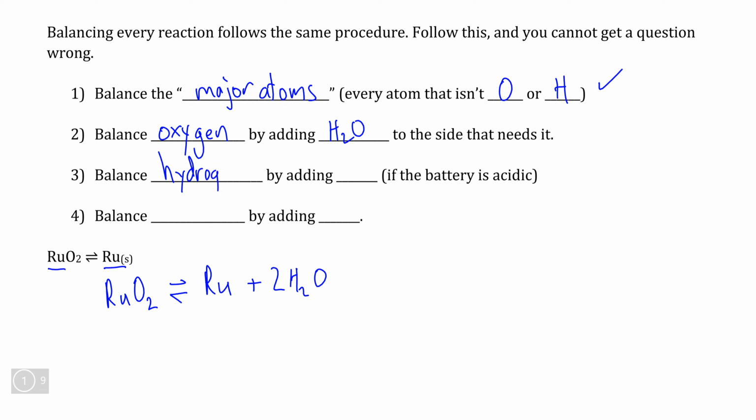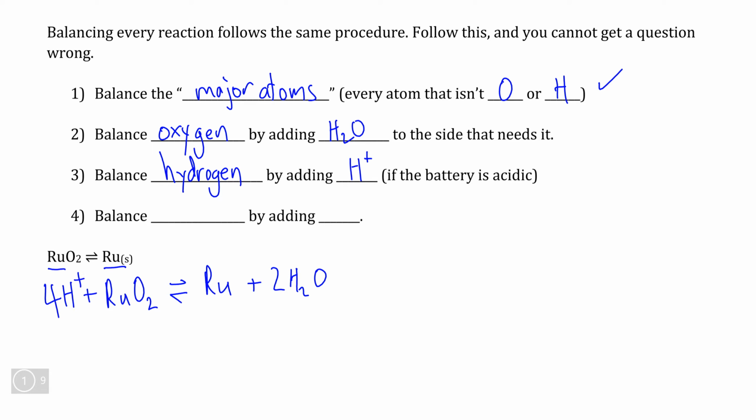So the next thing to do is balance the hydrogen, which usually becomes imbalanced by adding water, and we can do this simply by adding H+ to indicate the presence of acid. We see in the products that we have 4 hydrogen atoms, meaning that we can balance this by adding 4 H+ ions.